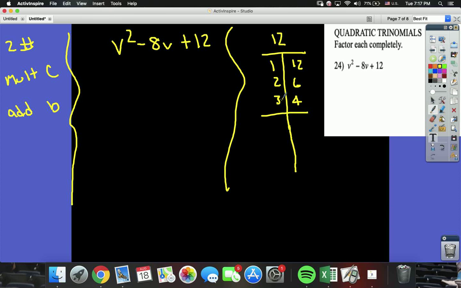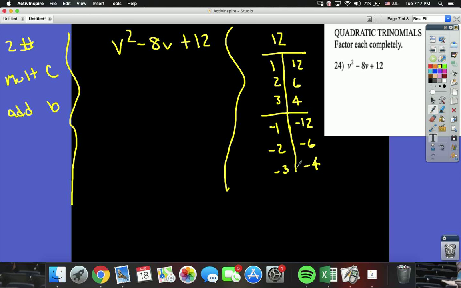So I need two numbers that would give me a -8 from these. Let's just go. I'm going to write them again, with the negatives on here. You could say -1 and -12, -2 and -6, -3 and -4.